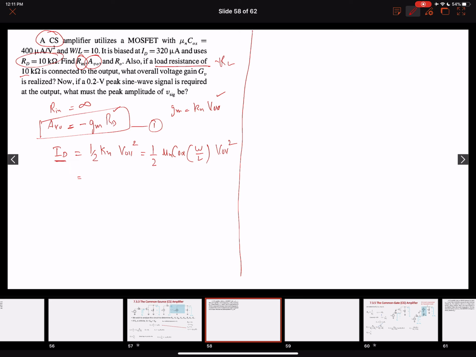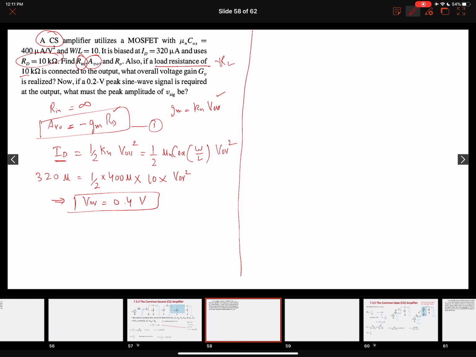I know the value of ID, which is 320 microamperes. Half mu n Cox is 400 micro, into W over L, which is 10, into VOV whole square. Once you calculate, the value of the VOV will come out to be 0.4 volts. This is the value of the overdrive voltage.